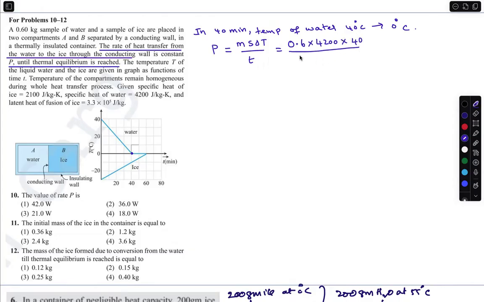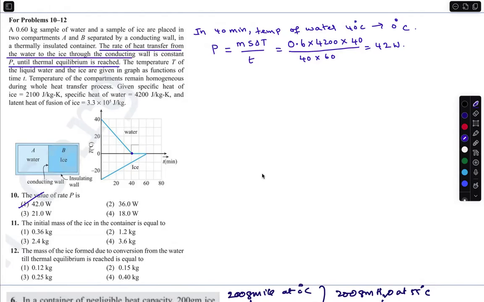Remember, all this happened in 40 into 60 seconds. That's the power. You can see what's happening over here. The calculation works out to around 42 watt. Right. The value of power is the first question which I have successfully answered.